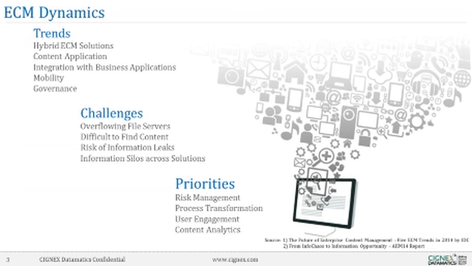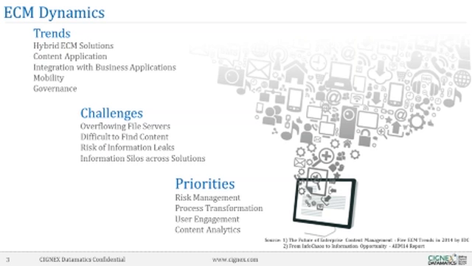We are also seeing increased integration of ECM with business applications. Mobility is another key trend where we see a lot of demand from users to access documents and participate in workflows using their mobile devices. The sheer amount of enterprise information that needs to be governed continues to grow, underlining the need for an information governance strategy.